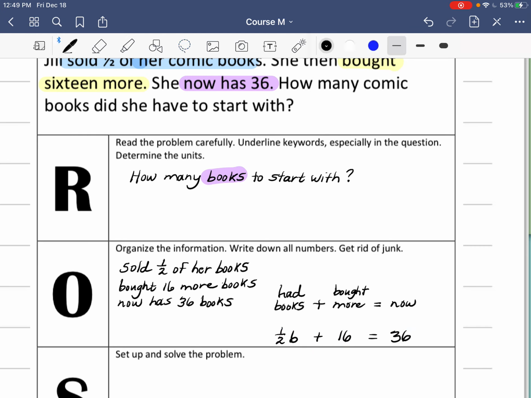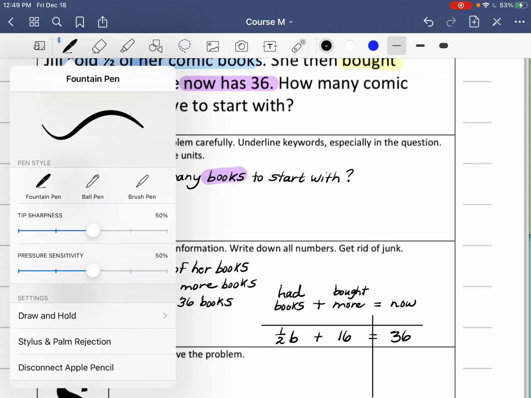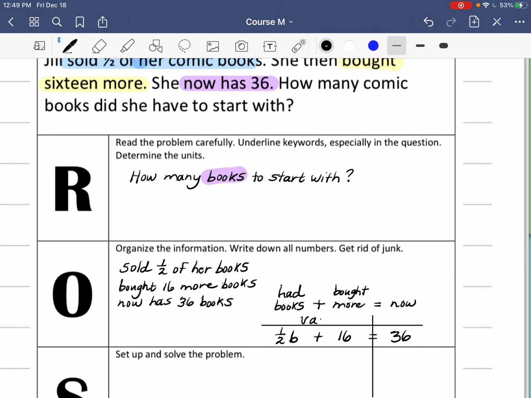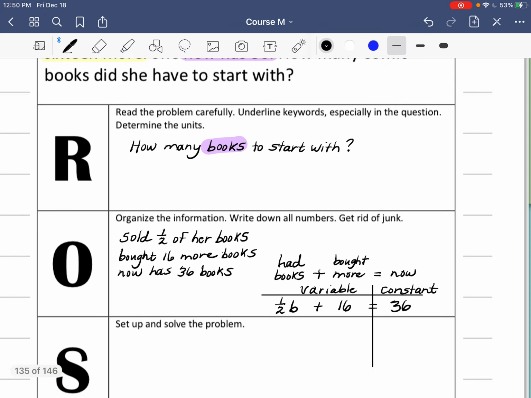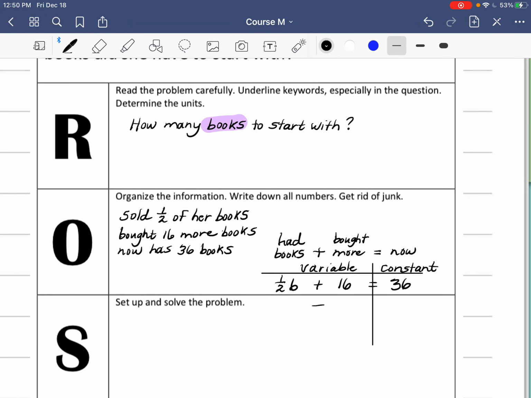She kept half of her books. She added 16 to the collection, and she now has 36. So here's the variable. Here's the constant, which in this case is books. So we're going to minus 16.